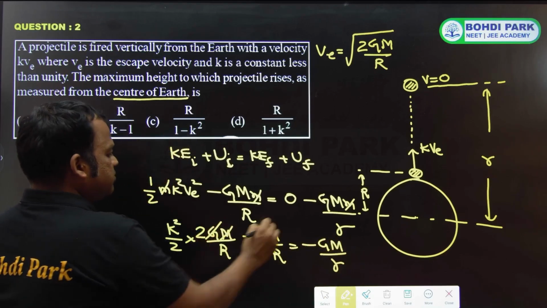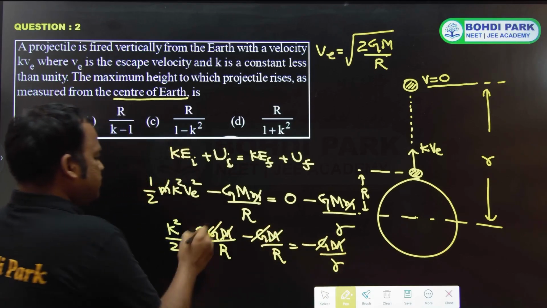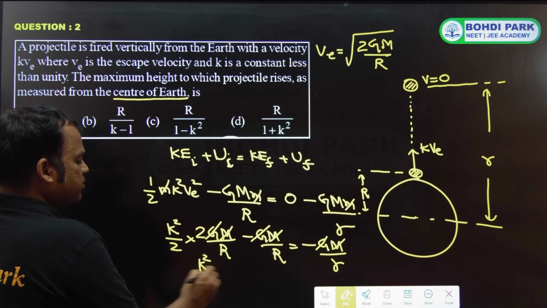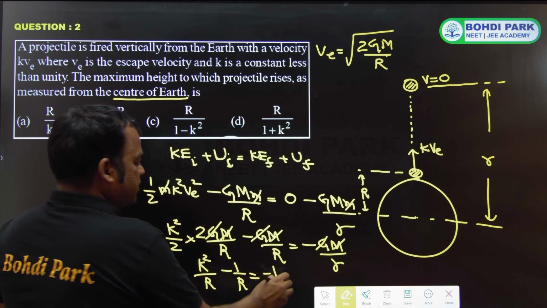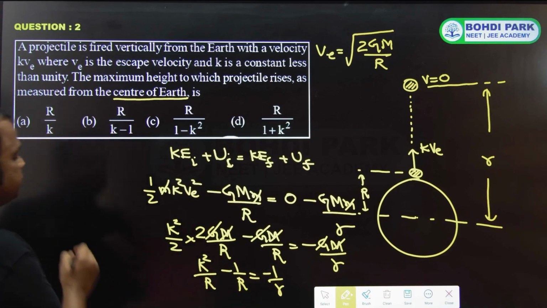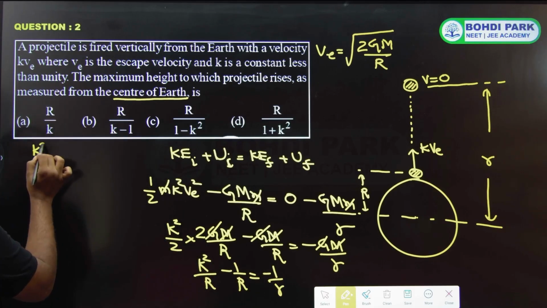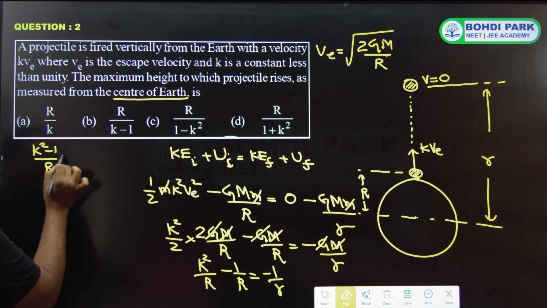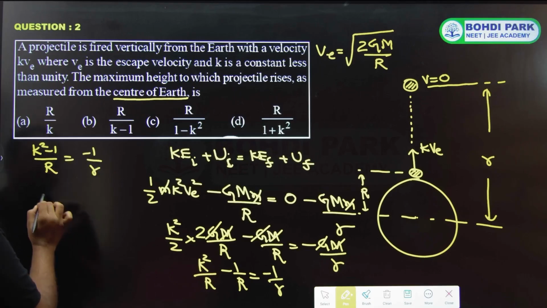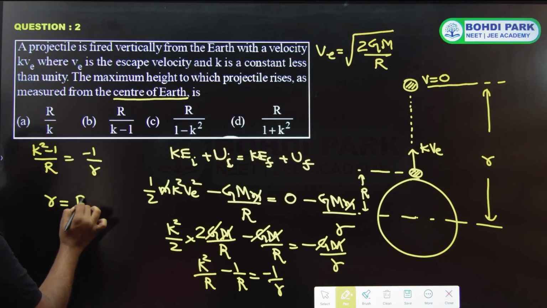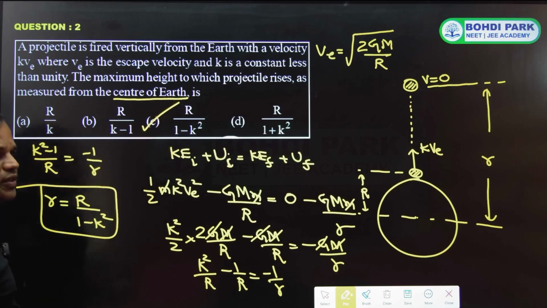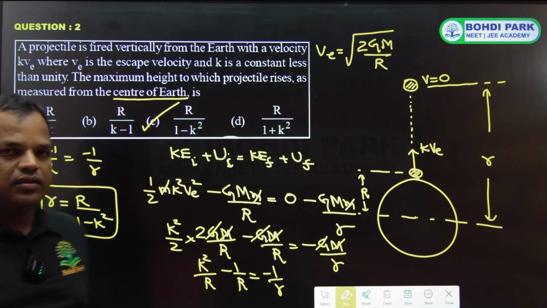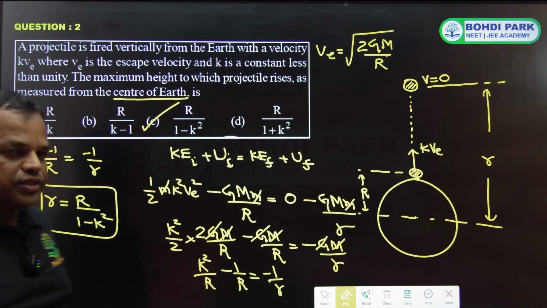So this GM cancels. So 2 also cancelled. So k square by R minus 1 by R is equal to minus 1 by small r. So we have k square minus 1 by capital R is equal to minus 1 by small r, or small r is equal to capital R by 1 minus k square. So C option. Next question.